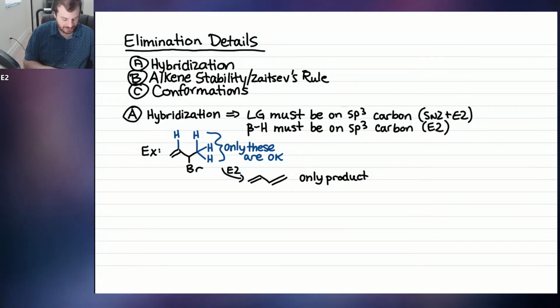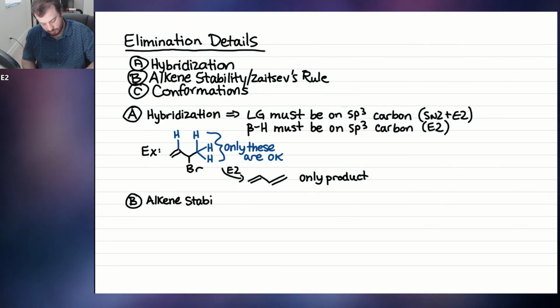Next thing I want to talk about is alkene stability. Let's take a look at an example to demonstrate what I mean by this. How many possible E2 products could form from this starting material?